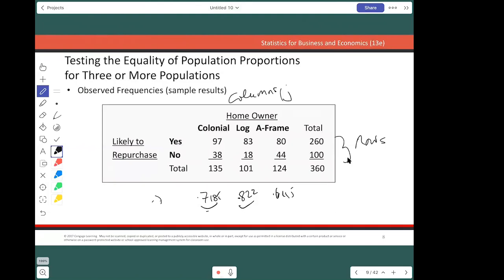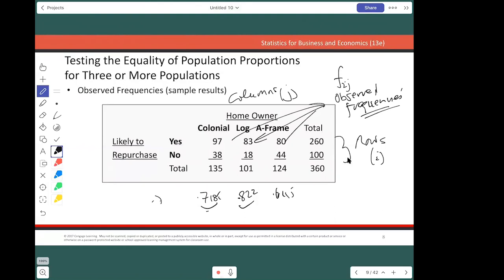We'll call the columns J, and we call the rows I. We're going to need some notation. Those values that we have here, the 80 and the 83 and the 97 and so on, we're going to refer to them as Fij, observed frequencies. So that's what we observe.